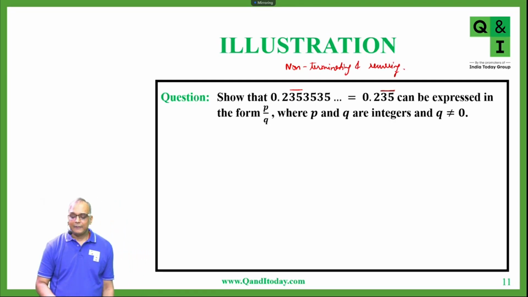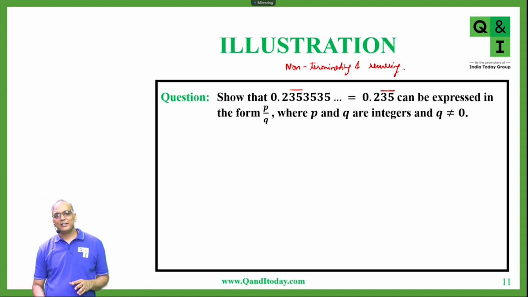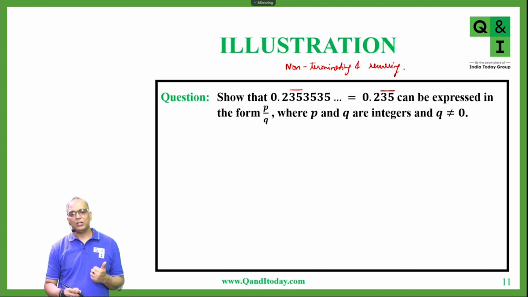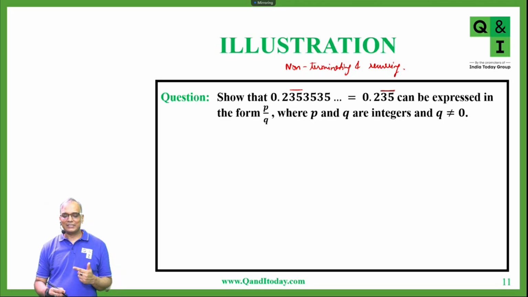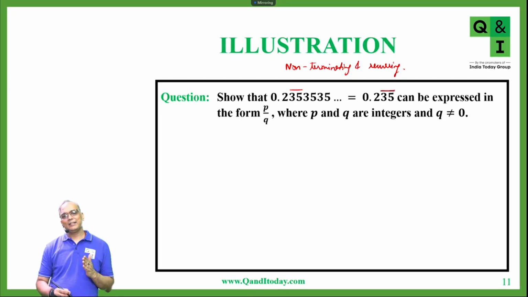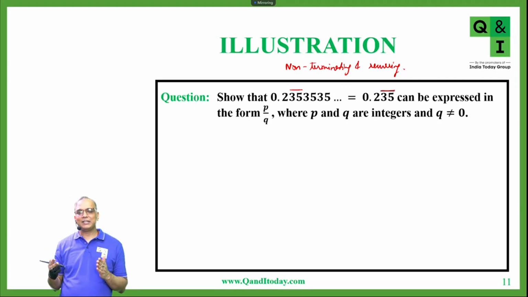right? Now here the approach is a bit different. Initially what we saw was we were moving our decimal to the point where one round of repetition has been completed.